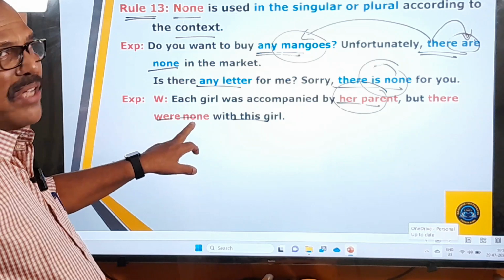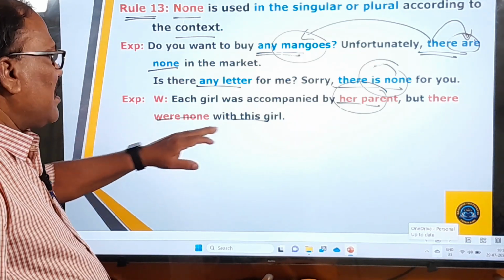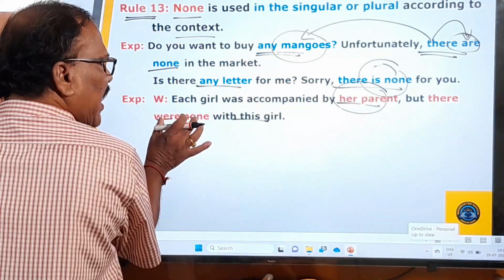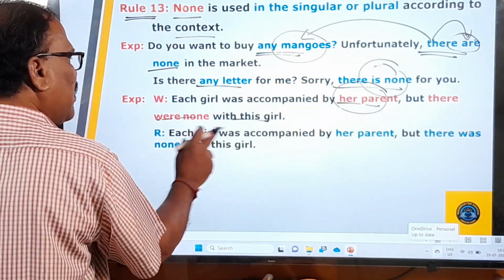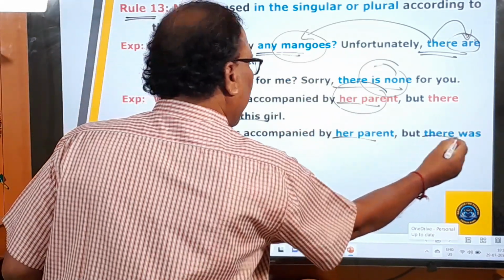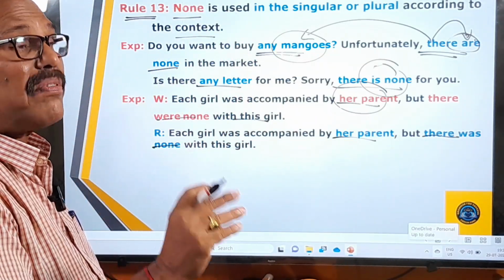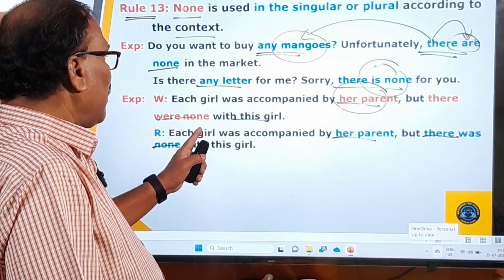You should have said there was none, but it is said there were none. Each girl was accompanied by her parent, and there was none with this girl. There was nobody with this girl.